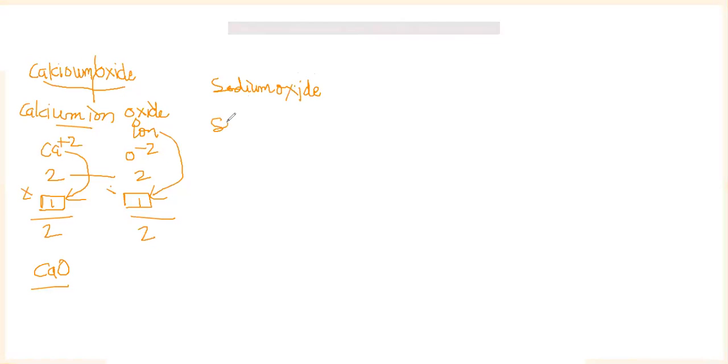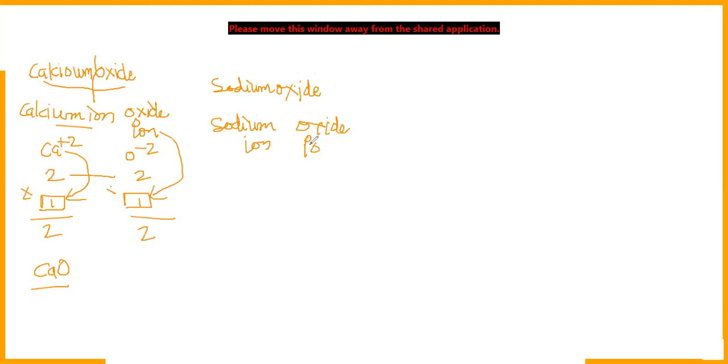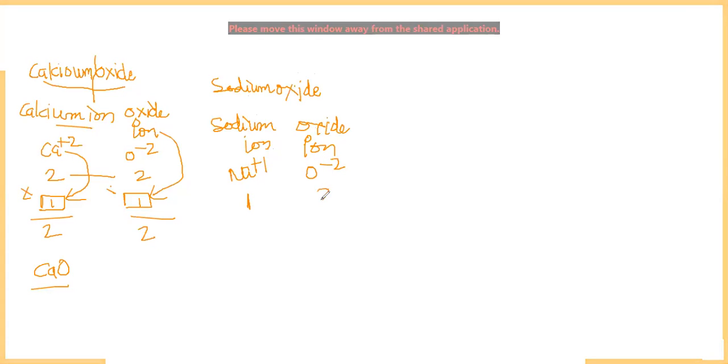I have the sodium ion and the oxide ion. The sodium ion is nothing but Na plus 1, and the oxide ion is nothing but O minus 2. So here you write the charge as 1 and here the charge is 2.